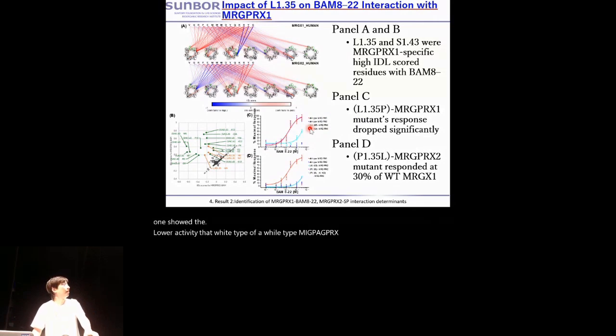It means that L1.35 is the determinant residue for the MRGPRX1 and BAM interaction.